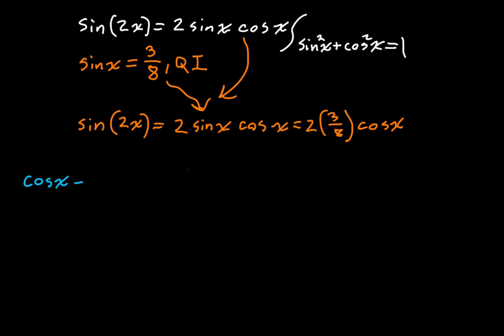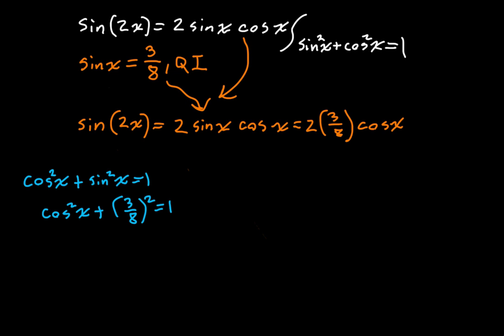Let's write this whole thing out. Cosine squared of x plus sine squared of x is equal to 1. Let's plug 3/8 in for sine of x. So that means that cosine squared of x plus 3/8 squared is equal to 1.